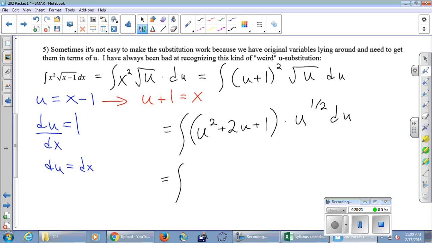Okay, so u squared times u to the half. Keep the base, add the powers. So 2 plus a half, 2.5, right? 5 halves.